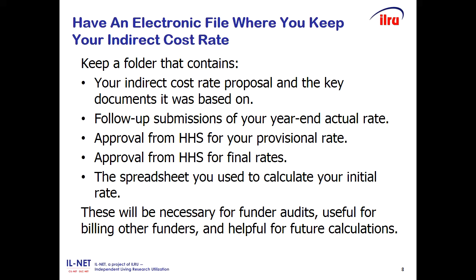So you certainly want that final rate also to be there. And then the spreadsheets you use to calculate any of this. So your Excel spreadsheets or your other spreadsheets that were used for your calculation are going to be very useful for your funders if they come in and take a look, for your auditors, and for anything that you might do in the future to update your calculations.